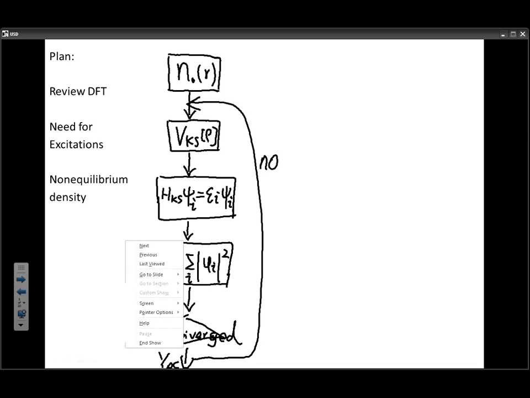It has some problems in predicting and estimating the band gap generally, and also has some problems in quantitatively and sometimes qualitatively predicting the absorption spectra.